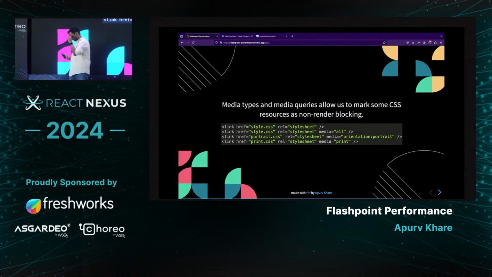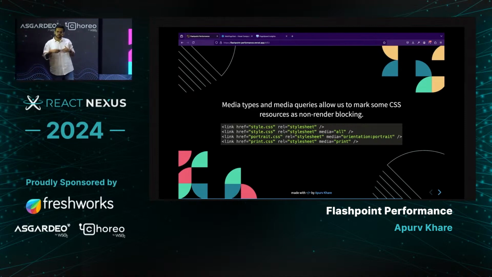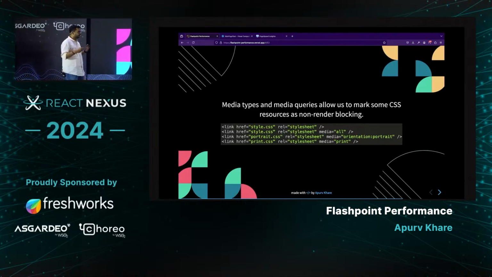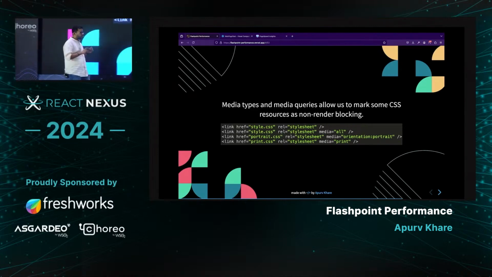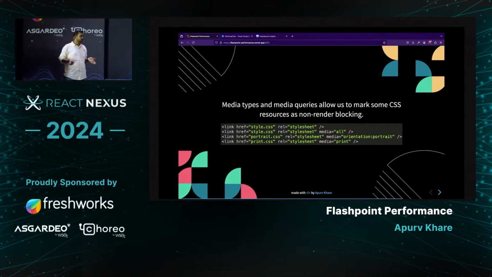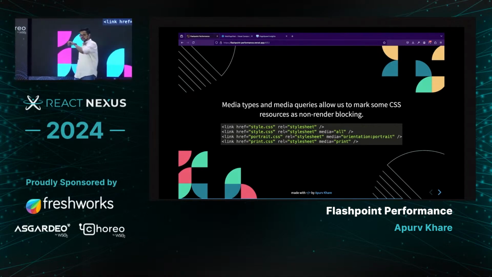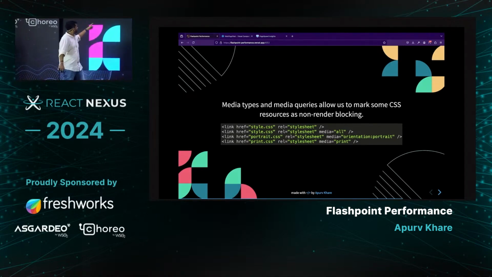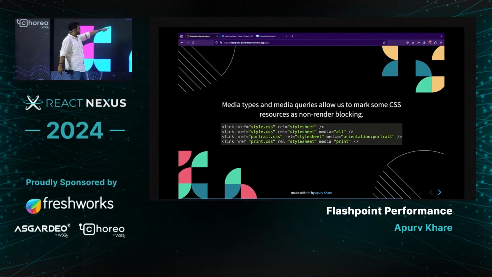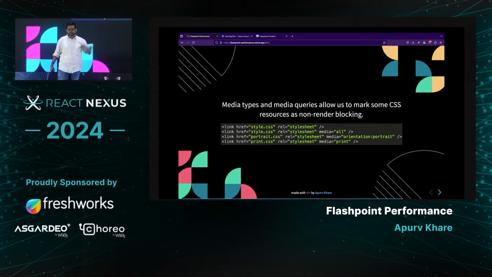When you are serving multiple devices, where users can access your website on multiple devices, you will have different media queries for them, right? Different styles for making your website responsive. What you can do is separate out that CSS into separate CSS files and use media type to link them separately. The third one is orientation portrait, which is for phones.